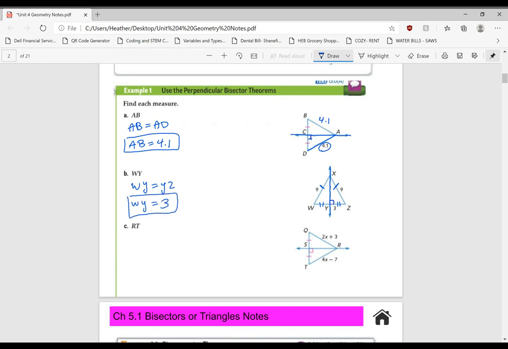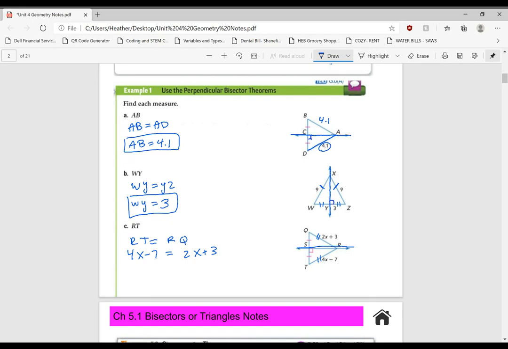Now we have to do RT. Well, SR is the perpendicular bisector. So that means Q and S and T are equal, and Q and R and T and R are equal. So RT is equal to RQ. RT is 4x minus 7, and RQ is 2x plus 3. So I have to solve for x and then plug that back into RT.